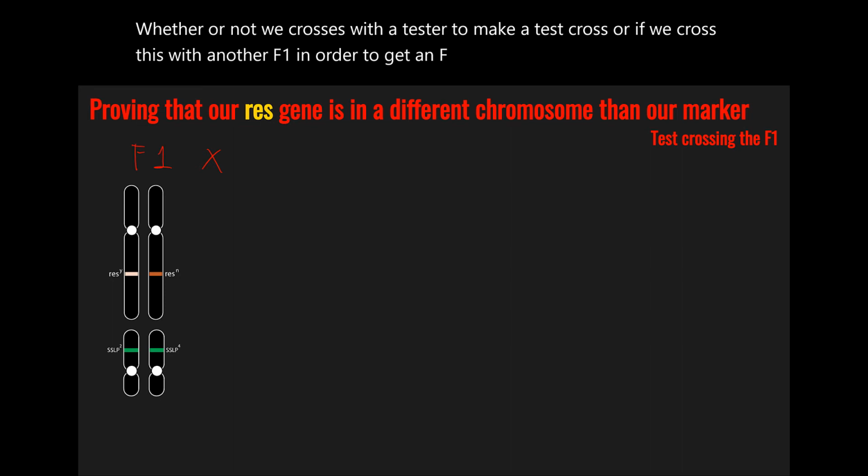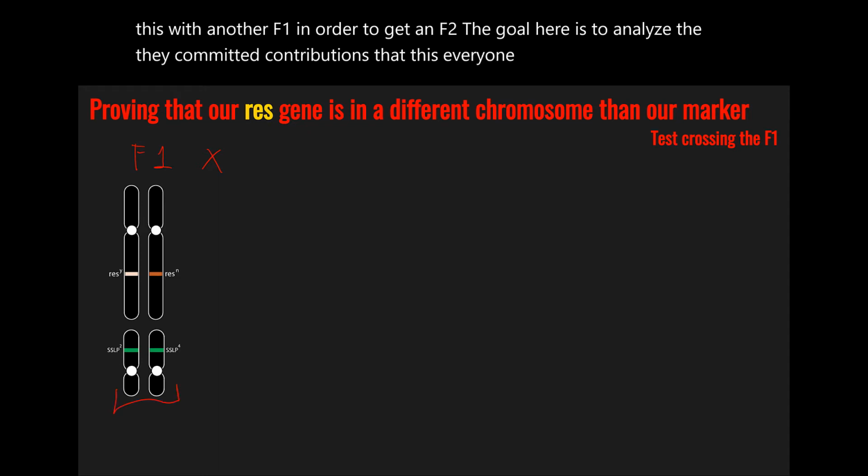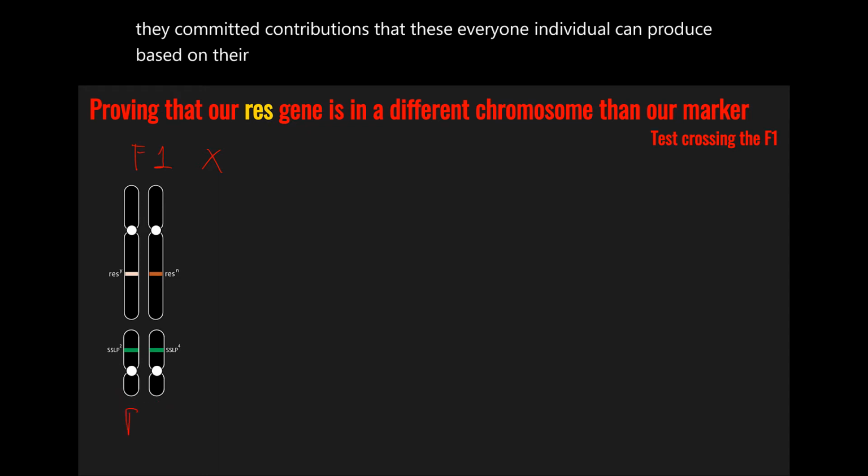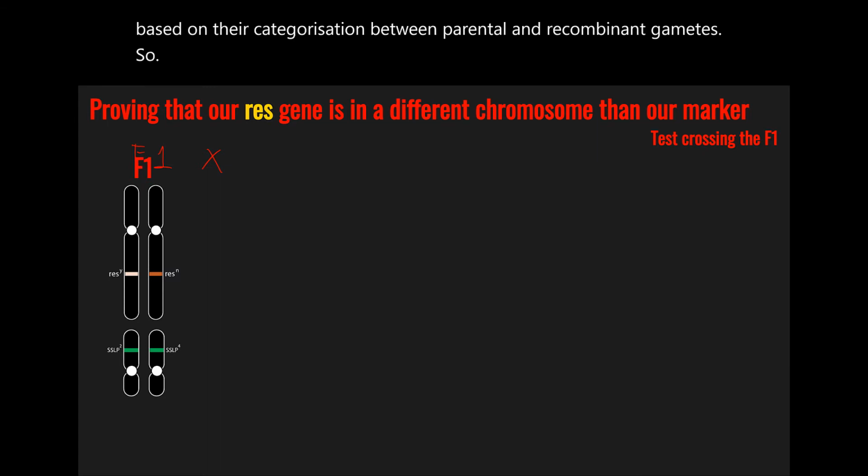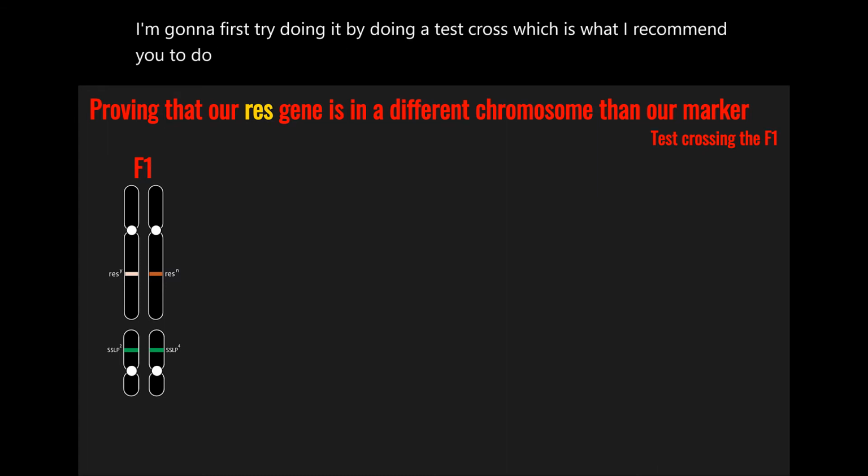The goal here is to analyze the gametic contributions that this F1 individual can produce based on their categorization between parental and recombinant gametes. So I'm going to first try doing it by doing a test cross, which is what I recommend you do. It's much simpler.